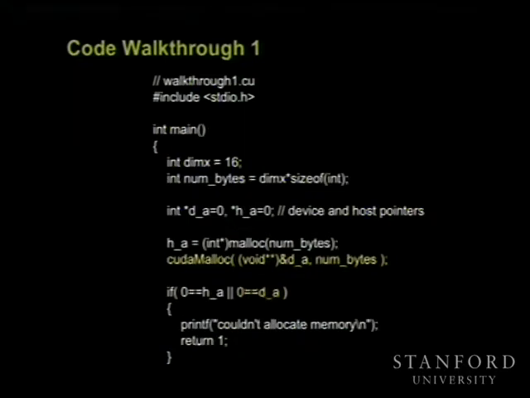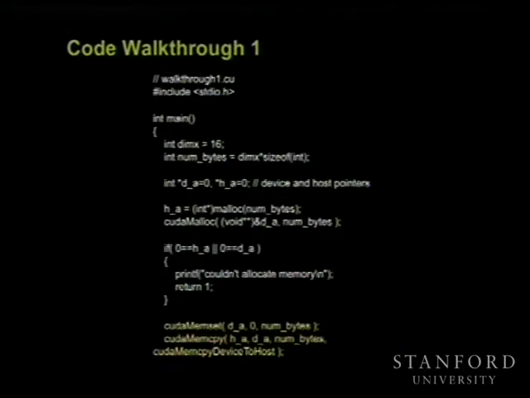Here we're actually adding a check that malloc actually succeeded, which we didn't have in the simplified example before. In this example, we just fill the array on the GPU side with 0. Not very exciting, but still. And so we then copy it back.